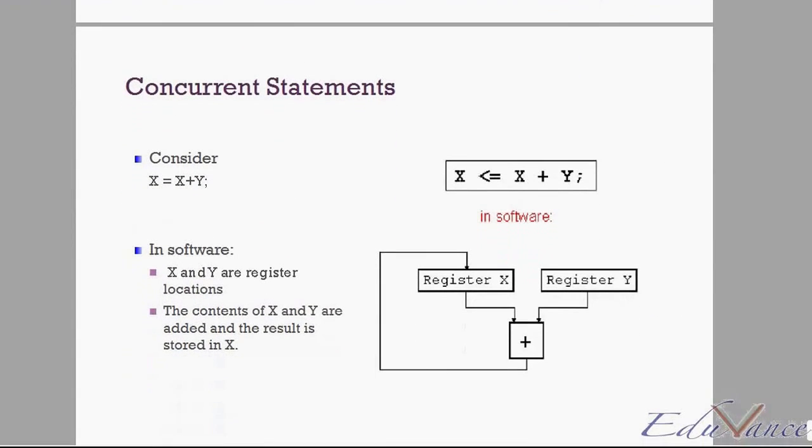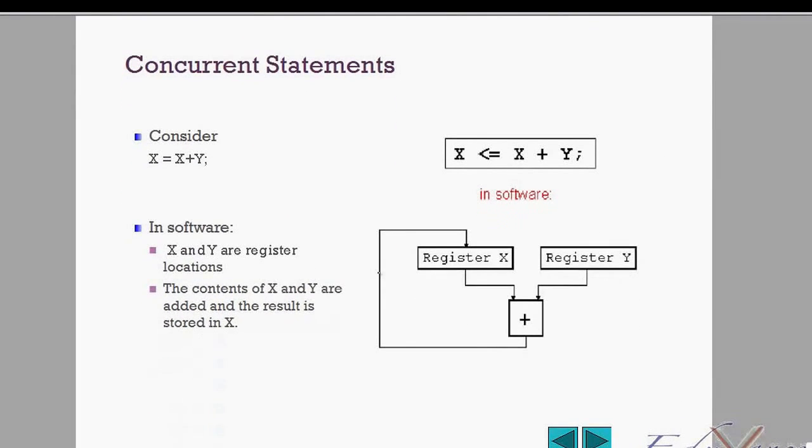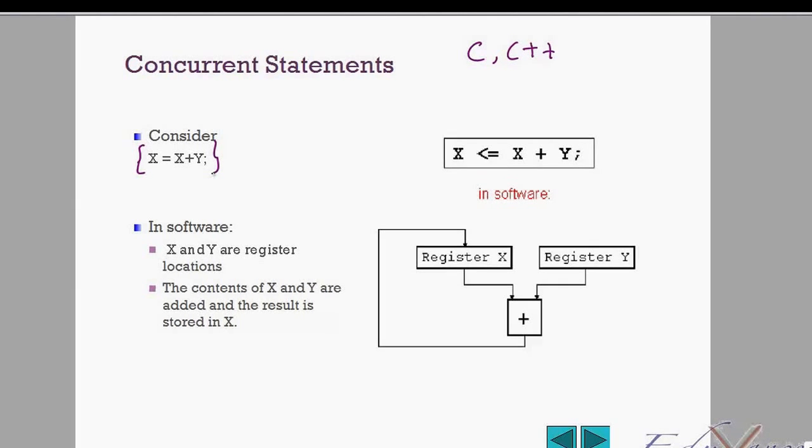So let's take an example. Suppose in C language or C++ or any other programming language, if I write x is equal to x plus y, and let's say x is 3, y is 4, then we all know that 3 gets added to 4 and is stored in x, so now your x is 7.